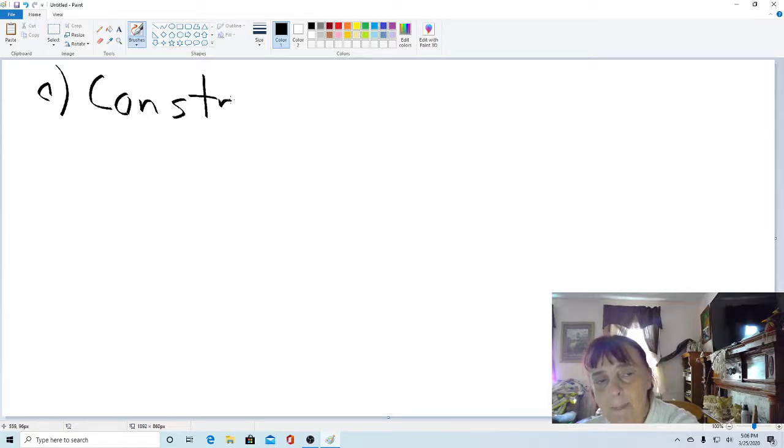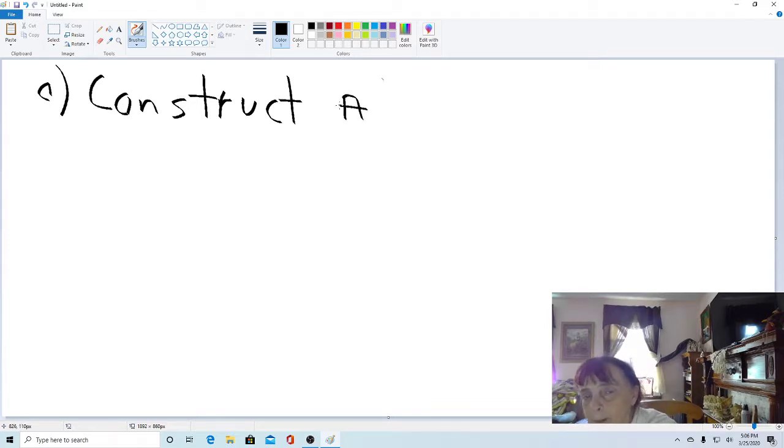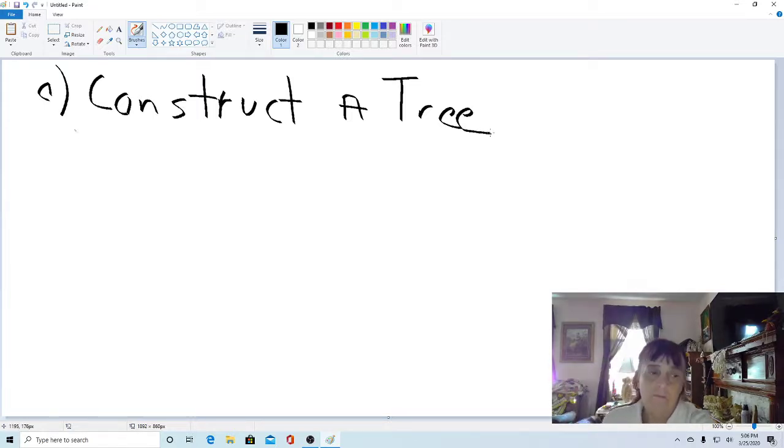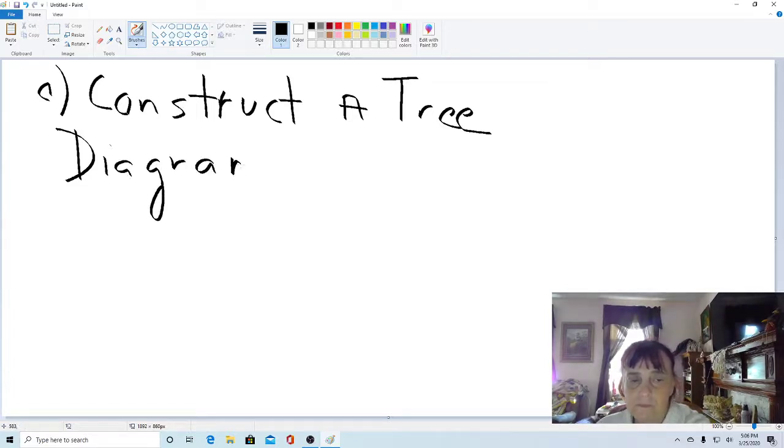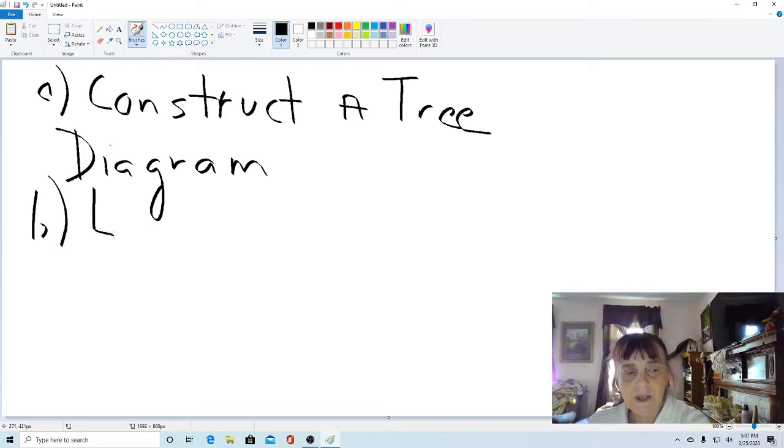A, construct a tree diagram and B, list the sample space.